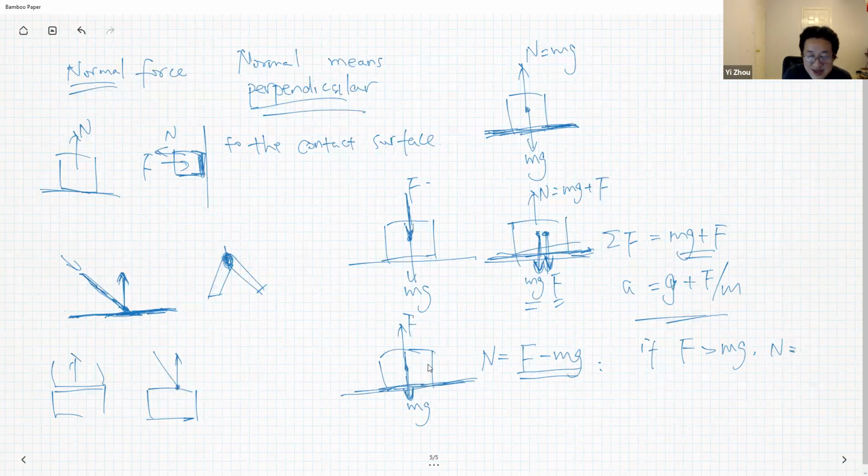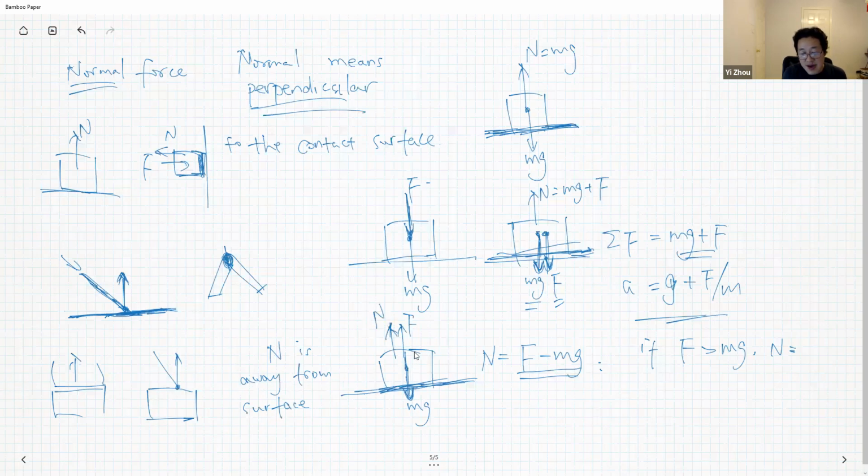So the point is, the normal force is always pointing away from the surface, right? Away from the surface. So the normal force is always going up in this case.